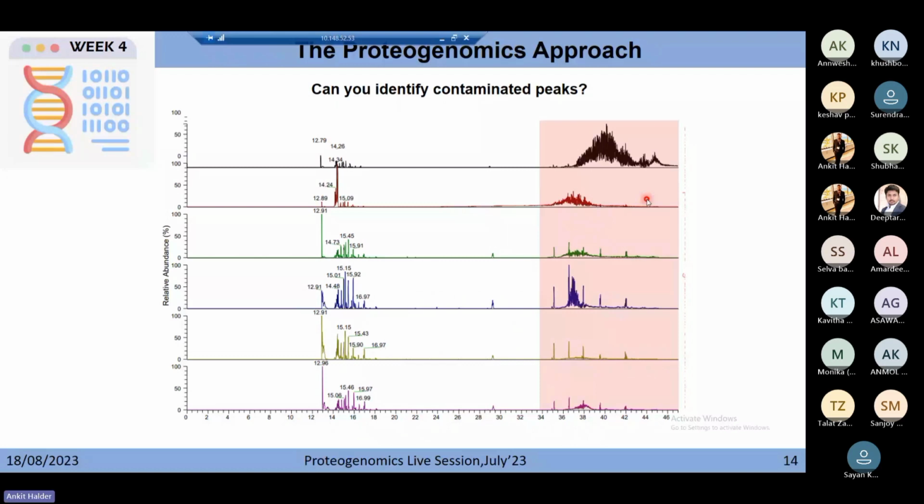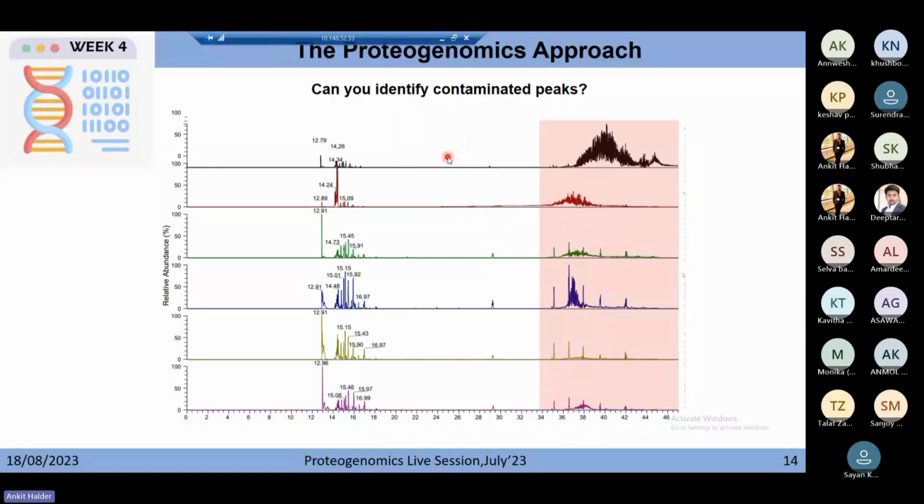Since you have seen the gradient as well and could understand that the more hydrophobic peptides should elute out, there should not be any hydrophobic peaks or something that should come out.